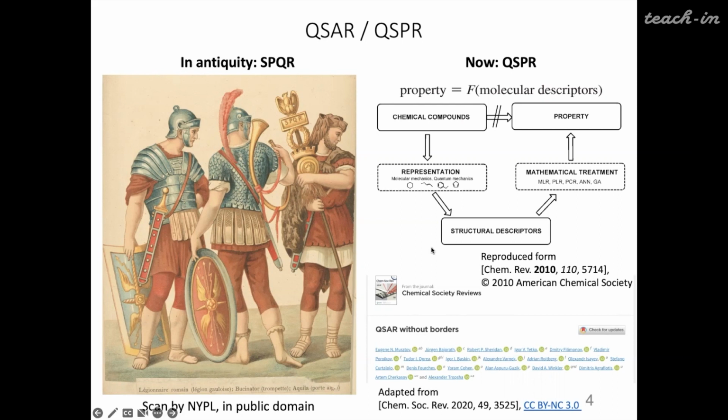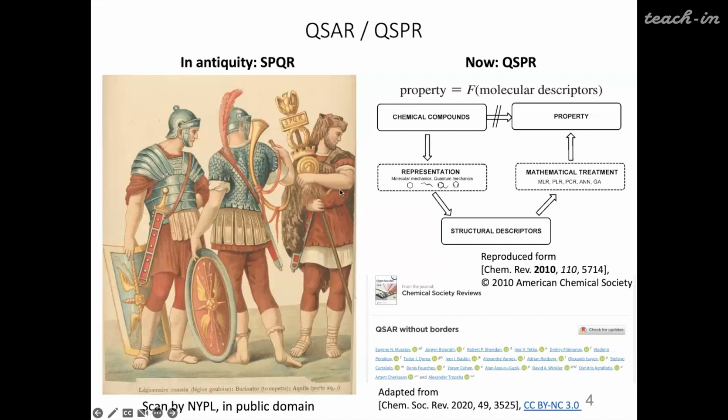To do this, we build some representations of these molecules, and in this stage, we need to predict the structure of these compounds. We can use SMILES representations, or we can use molecular mechanics or quantum chemical methods to predict 3D structure of molecules in solution, for example.